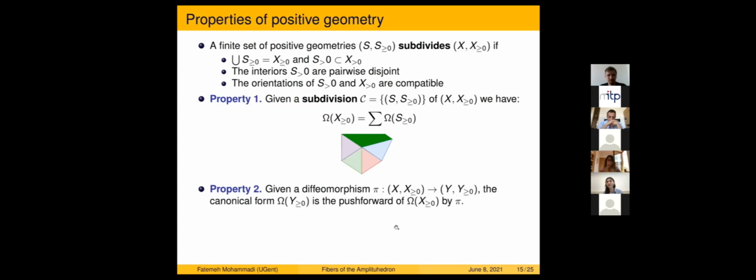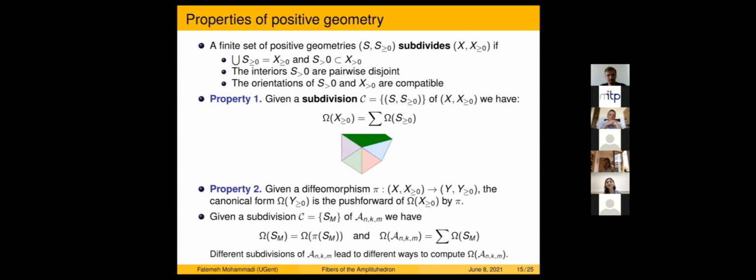Okay, so again, we are doing all this for the Amplituhedron because that's going to be an example of a positive geometry. Namely, you can take a subdivision. We said that the idea is to decompose the Amplituhedron in terms of images of positroid cells, right? So let's say I have a collection of positroid cells whose images cover a dense subset of the Amplituhedron.